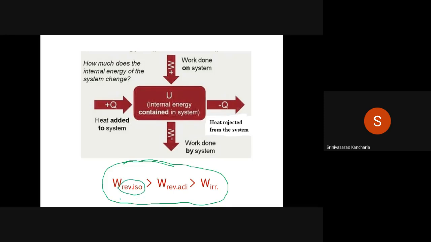The work done in the reversible isothermal process will be higher, followed by the reversible adiabatic process, which is greater than the irreversible process. Always reversible work is more than irreversible work, and among reversible processes, the isothermal system does more work than the adiabatic system, because in the isothermal case there is a very slight change at each stage and you are maintaining equilibrium.